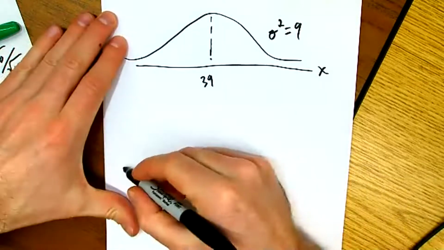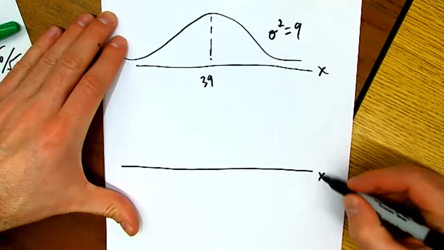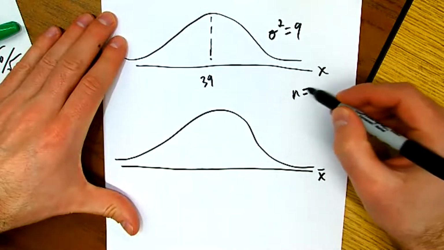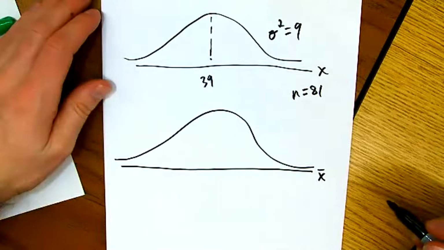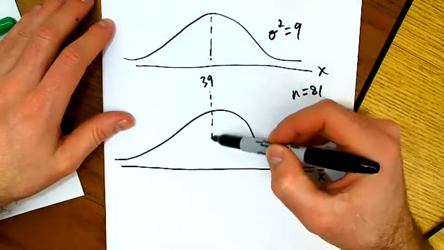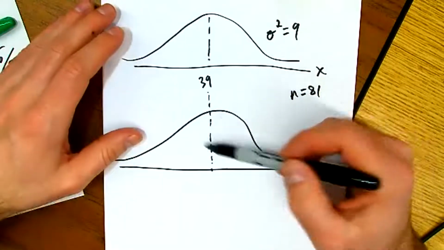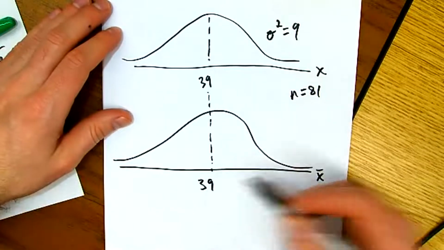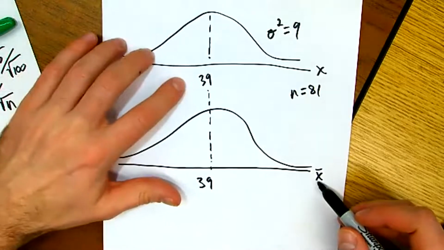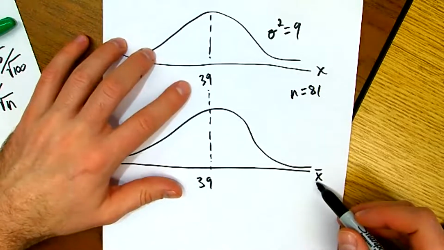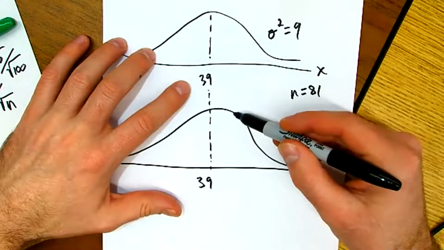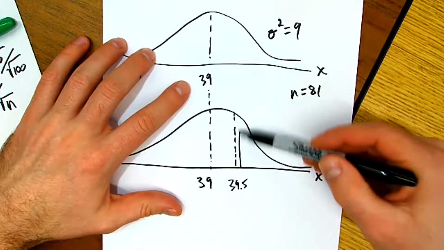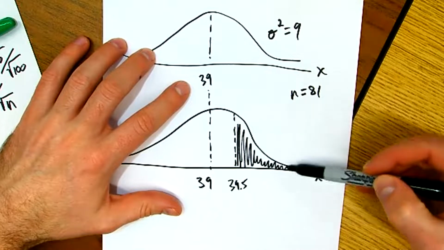So what I know about my sample means is that the distribution will be normal because my sample size was 81. I know that the mean of my sample means will be the mean of the original data I sampled from. The question then asks, what's the probability I see a sample mean of 39.5 or greater?